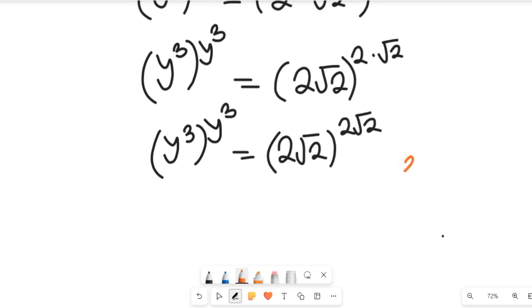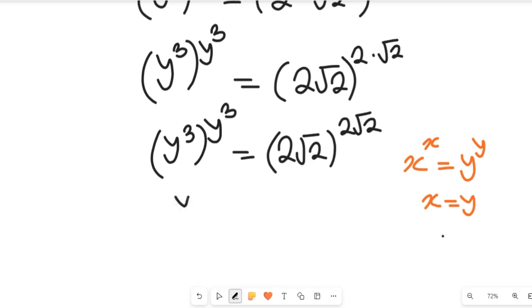When we have x to the power of x equal to y to the power of y, what do we have? We can have x equal to y as long as y is greater than or equal to 0. So that means this expression can now give us y to the power of 3 equal to 2 multiplied by the root 2.